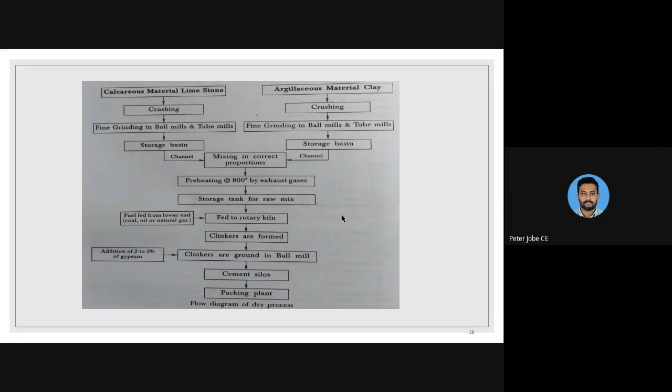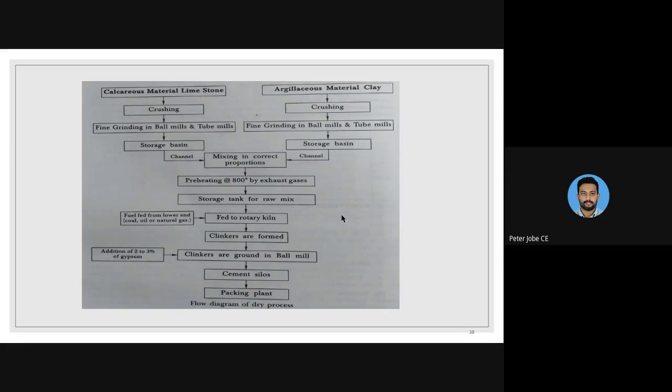Then we fine grind them in ball mills so that they become small dust particles, and we store them in a storage basin. Depending upon the proportions, we mix them in the correct proportions. And then we preheat them with exhaust gases.